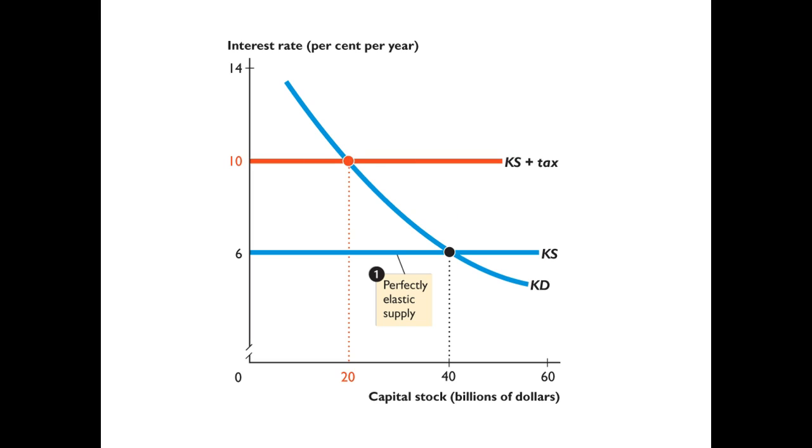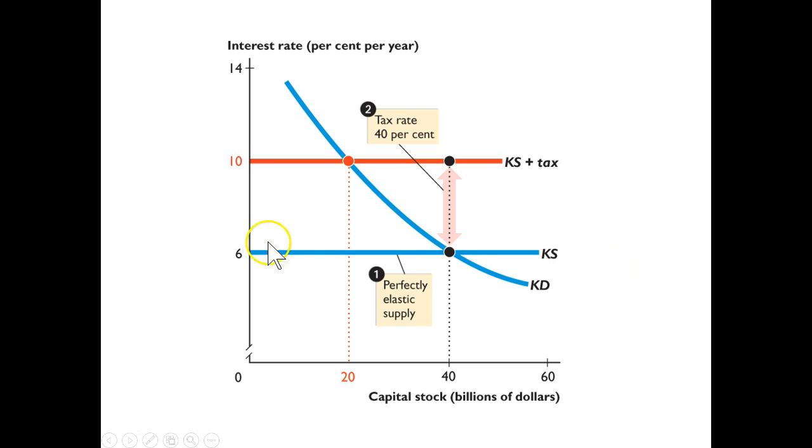Let's say a tax is imposed on the sellers of capital, the suppliers, which pushes their supply curve upwards. Now, in that case, we'll then have to move to a new equilibrium, where the capital stock bought and sold will be 20, but now at an interest rate of 10%.